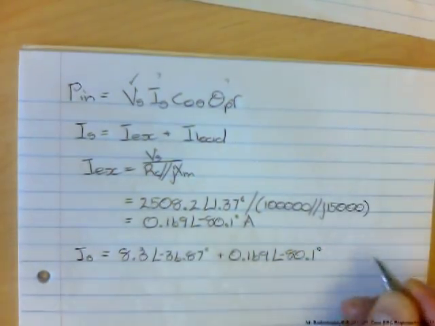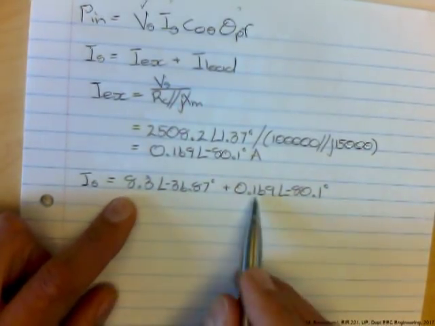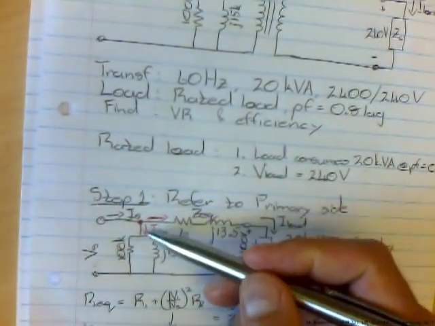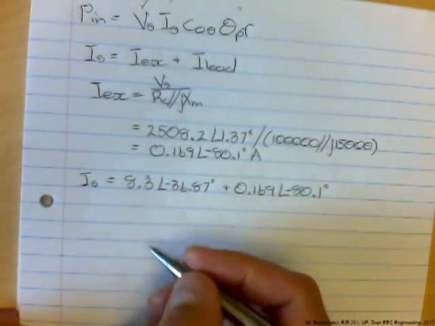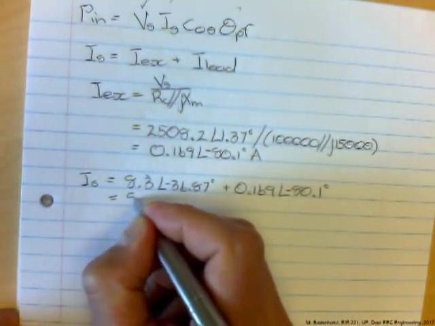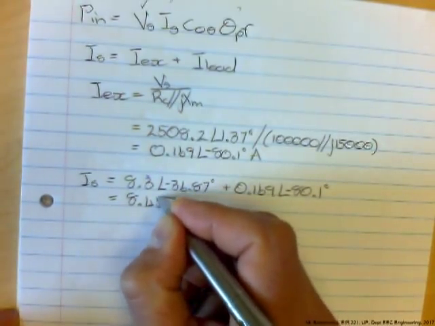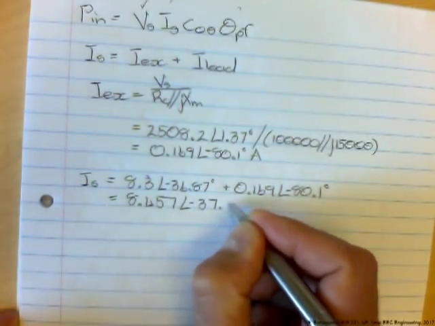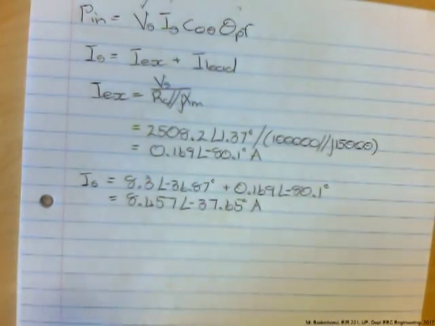So now you can see the big difference in the magnitudes, 8.3 and 0.169. So as we mentioned in the beginning, the current flowing through this parallel branch is much, much smaller. So this gives you an 8.457 angle minus 37.65 degrees amps. Right. So we've got Vs, we've got Is.